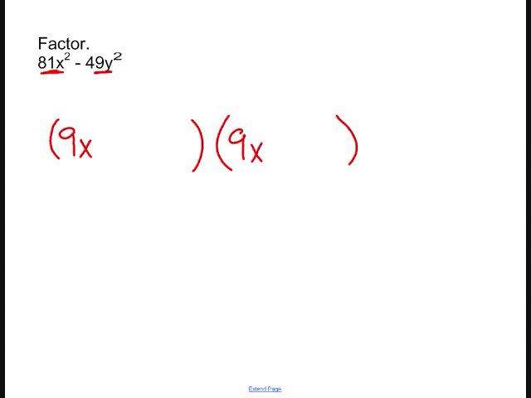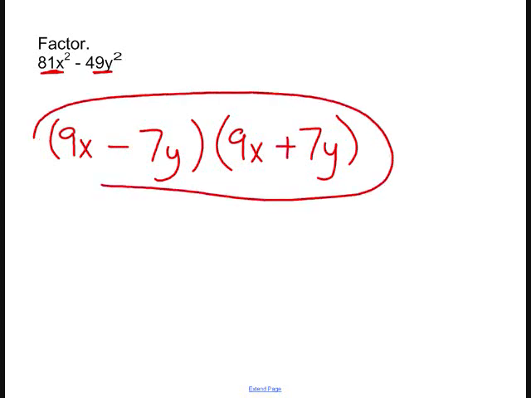So then we look at the second one. What creates 49y squared? Well, that would be 7y and 7y. And so then we just give one a minus, one a plus, and we've got our answer. If you recognize these, they are pretty easy to work out, but you do have to recognize the squares.